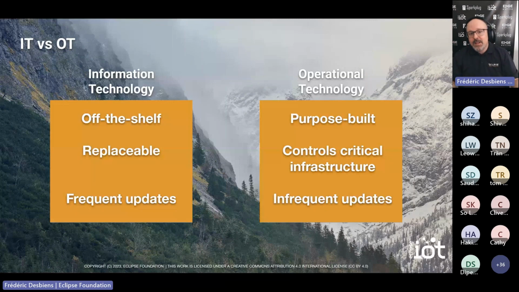Operational technology, of course, is a completely different game. We have factories, we have water sanitation systems, we have connected cars, and really all of the systems in those particular use cases are built for a specific purpose. And of course, those are heavy capital investments.